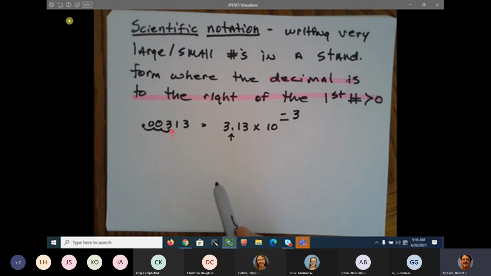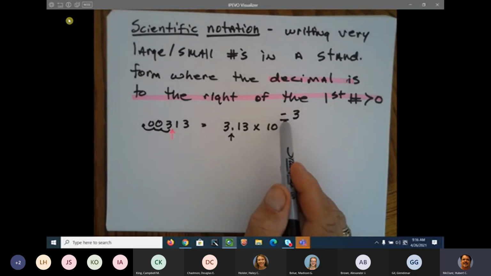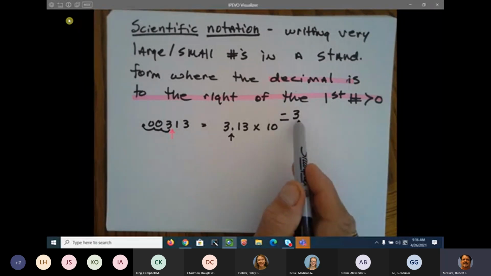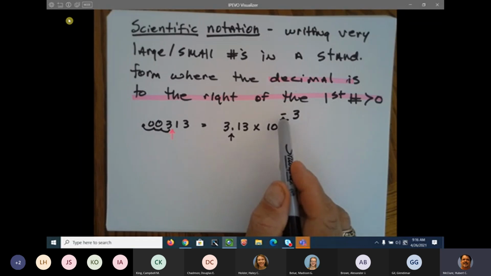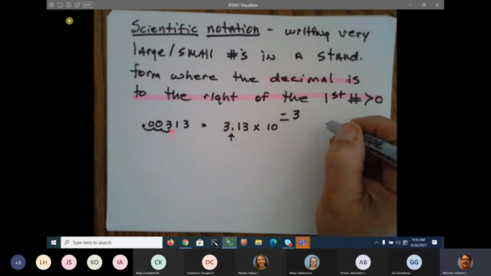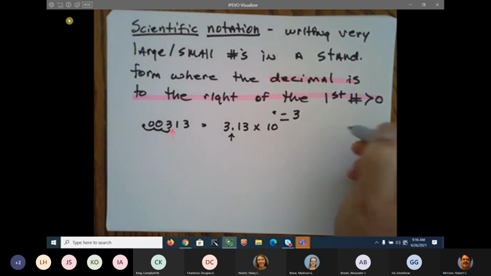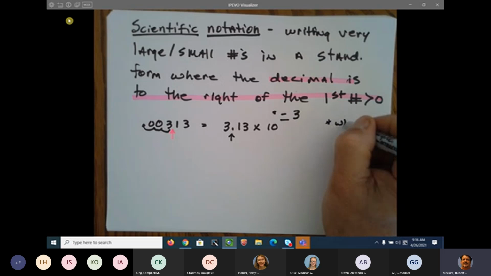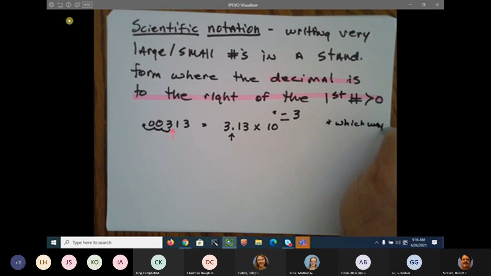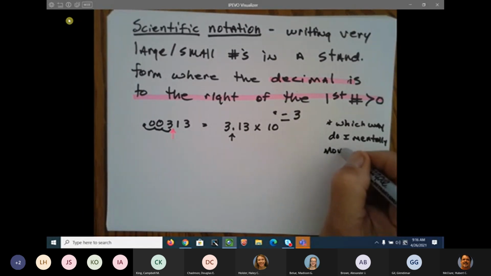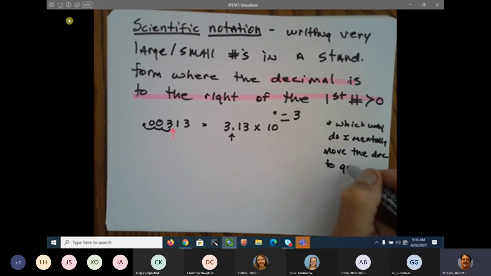Now I asked that one little question right there because most people will get the 3 correct. But what will you screw up? You'll screw up the sign. So I always ask myself, put a note right here: which way do I mentally move the decimal to get the original form?